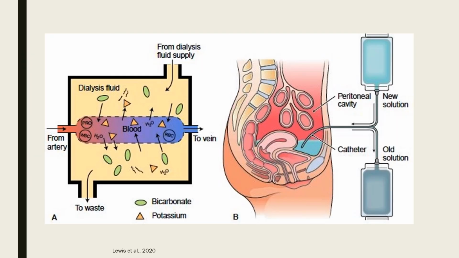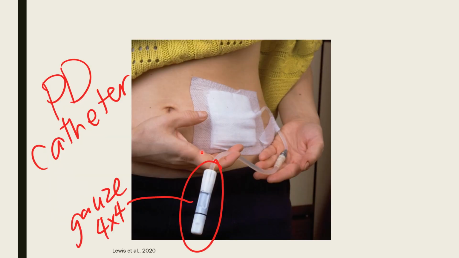This is another image to show you what happens inside, okay, from dialysis fluid supply. And this is what the PD catheter looks like. So again, it should have a nice dressing in there. You can also put a gauze here, like a 4x4. So we protect it so that your patient will not have infection.